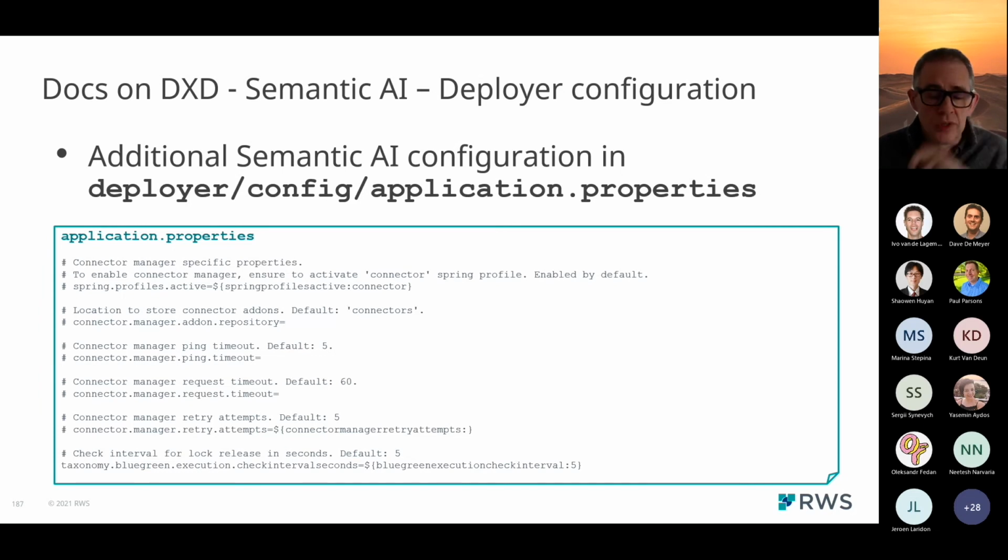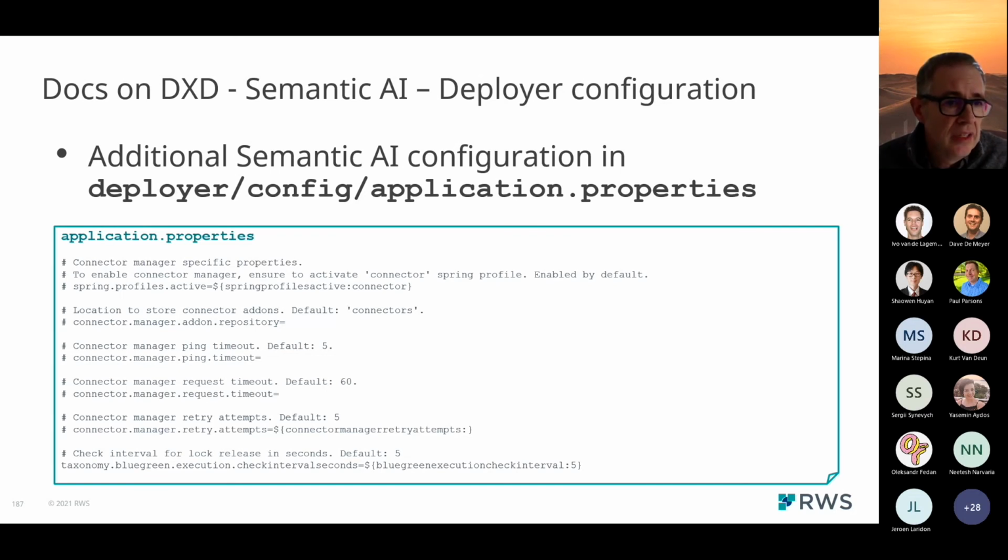For the deployer, which is the one that uses the connector, we have these few connector manager tuning settings that you can use to change things like request timeout, ping timeouts, retry attempts. It's useful if you ever get problems with your customers, just to check whether any of these have been changed from the default, and then you can tune them for your needs. But the defaults are often good enough for most cases.